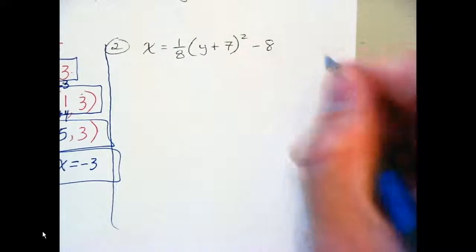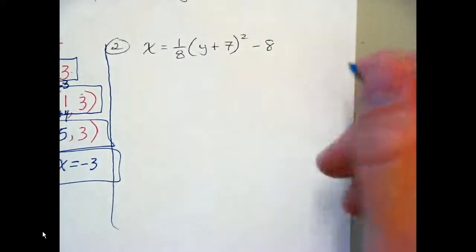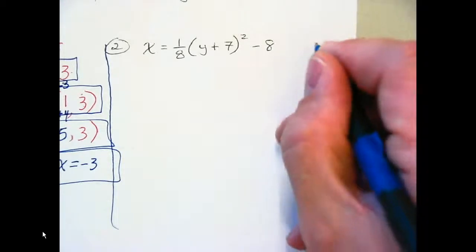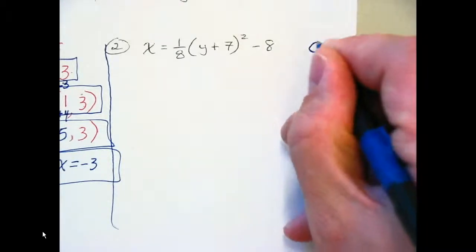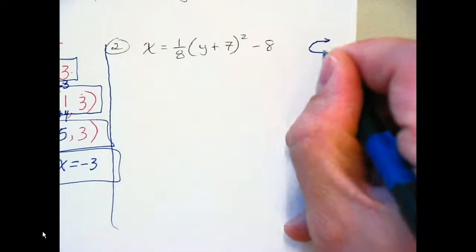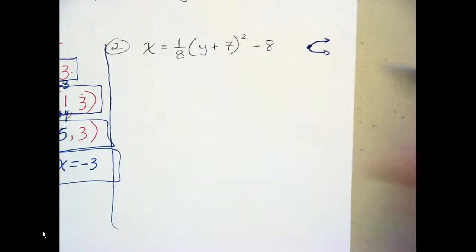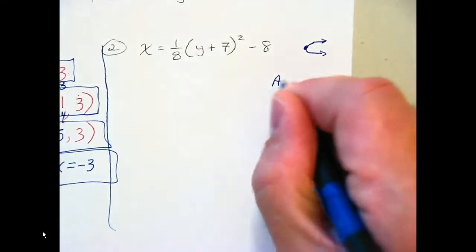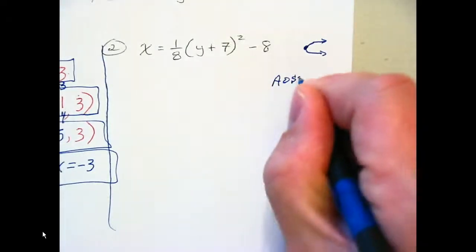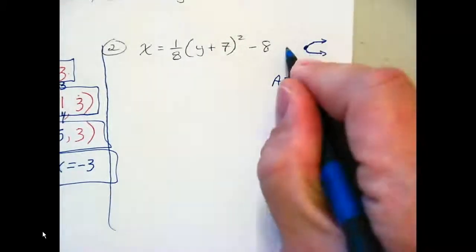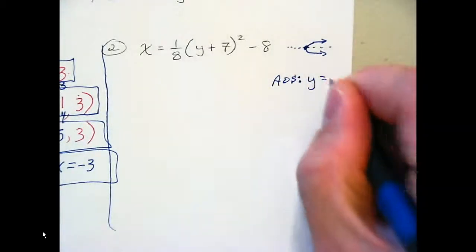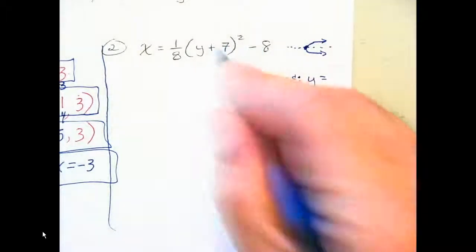Okay, picture, is it opening up, down, left, or right? Opening to the right. And in terms of our axis of symmetry, the line goes this way. It is a y equals -7.